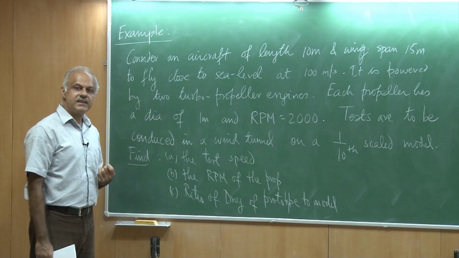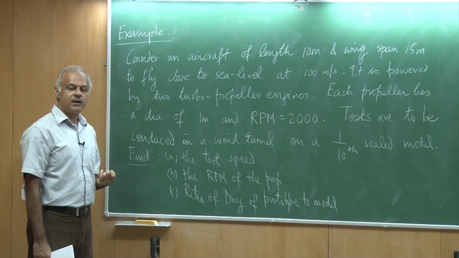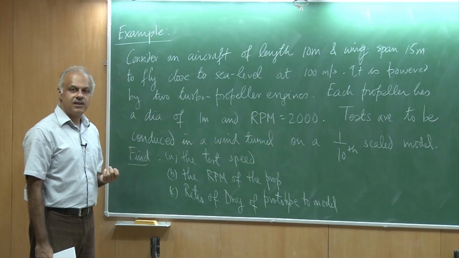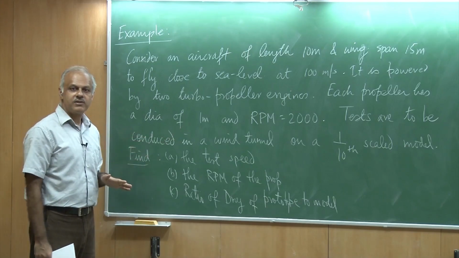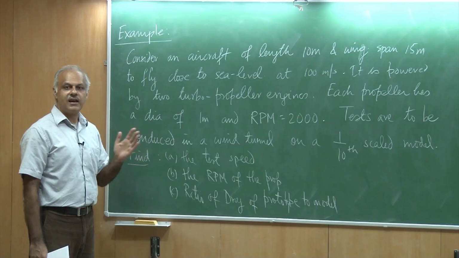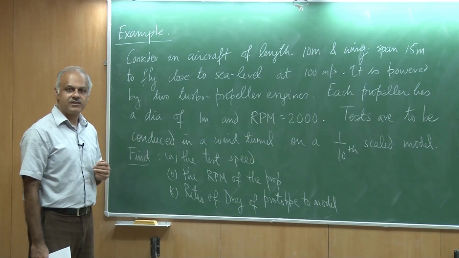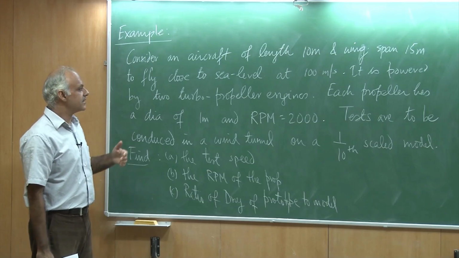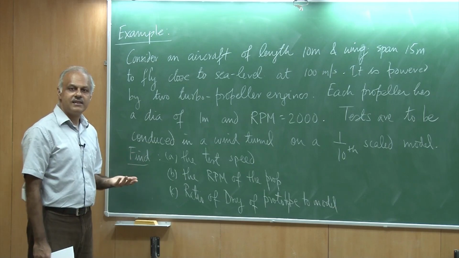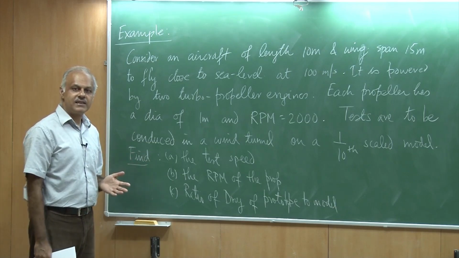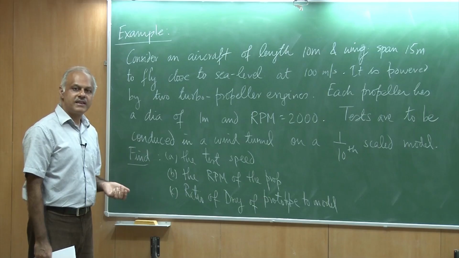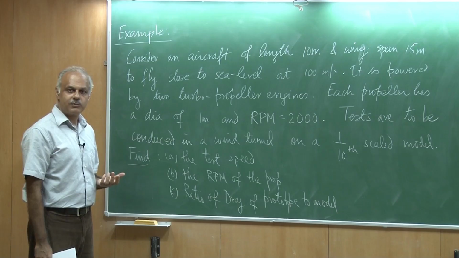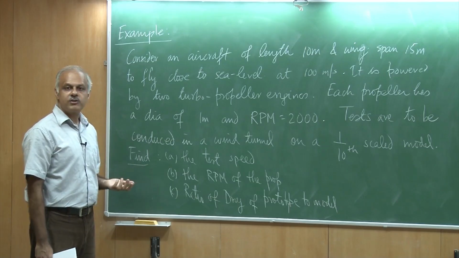The second, more important thing is that when you scale down a model, you lose a lot of geometric details. Suppose my aircraft is going to take off and I have wiper blades on the windshield, and when I reduce the model size by a factor of, let us say, 10 or 20 or 100 depending on the size of my tunnel, then I will lose all these geometric details, and therefore the data that I get from the model testing may not relate to the prototype.